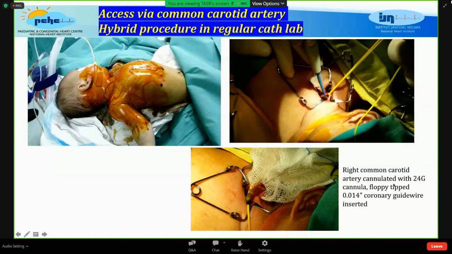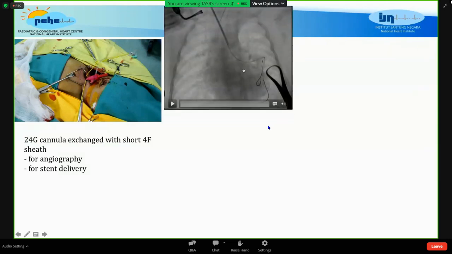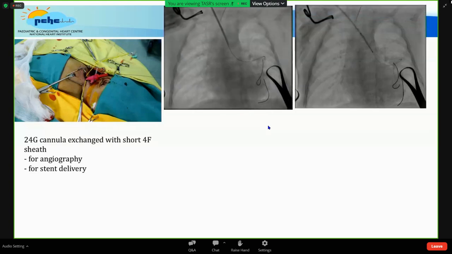We usually do it as a hybrid, where our surgical colleague will open up and cannulate the carotid artery, and pass through a 4 French sheath, which usually enters the PDA directly, and we can do a good angiogram directly into the PDA and delineate all the pulmonary arteries.